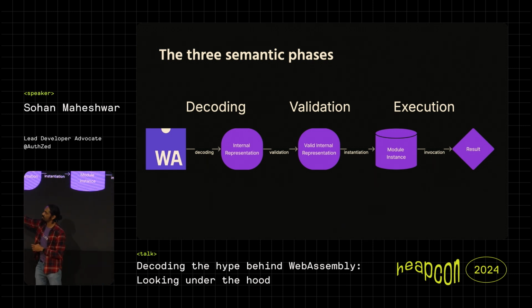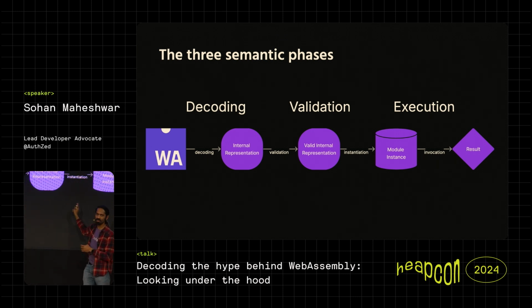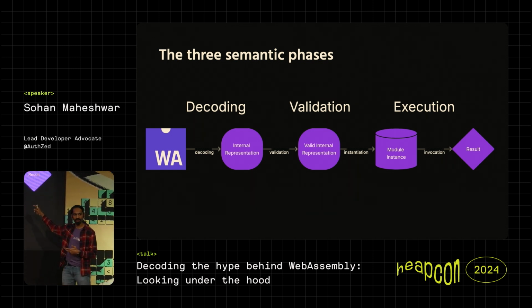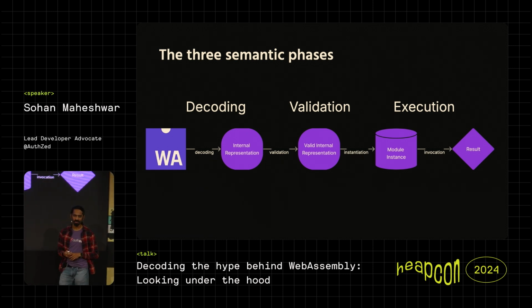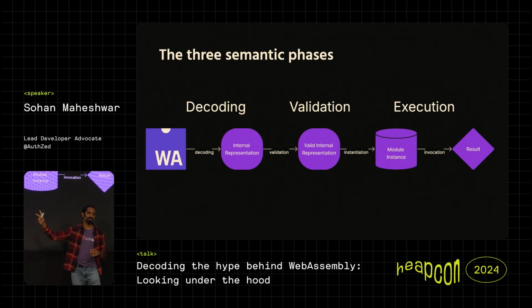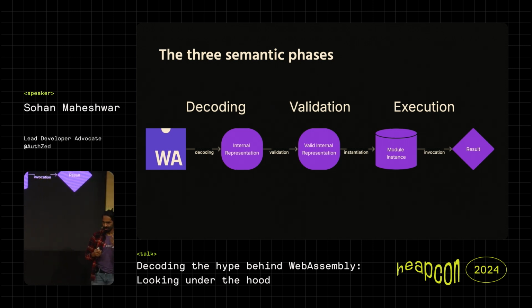As soon as the first byte is decoded, that can be validated, which makes it great for streaming purposes, but also makes it performant, because you can do this all simultaneously. And once that's done, you instantiate that WebAssembly module, and you invoke it, which runs the WebAssembly module within the runtime and gives you the result. So that's how a WebAssembly runtime looks at a WebAssembly module.